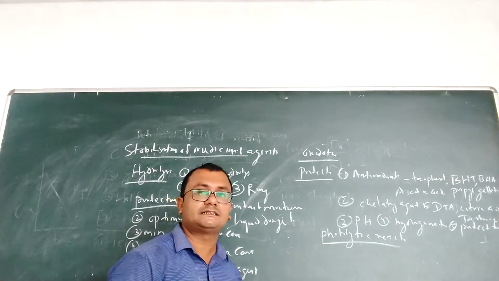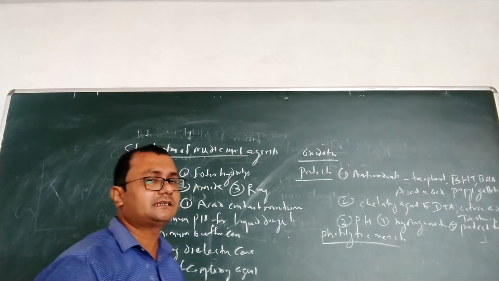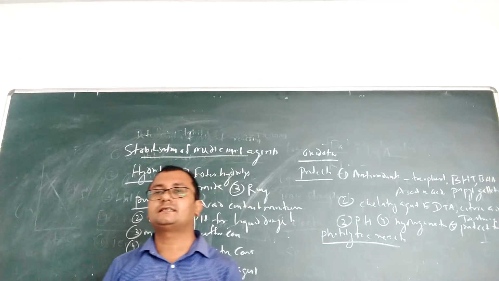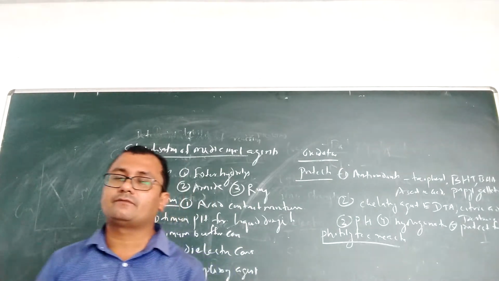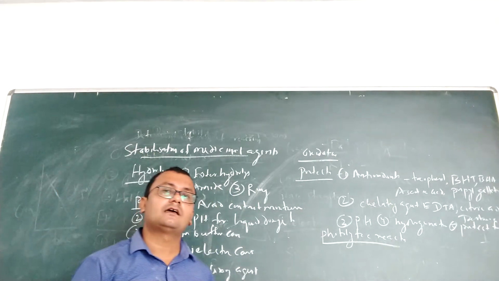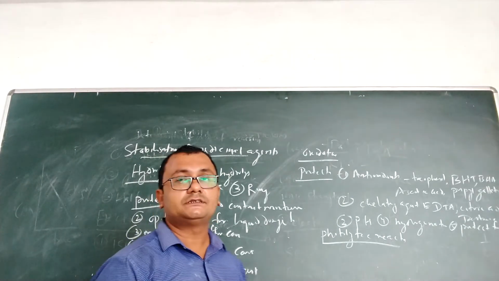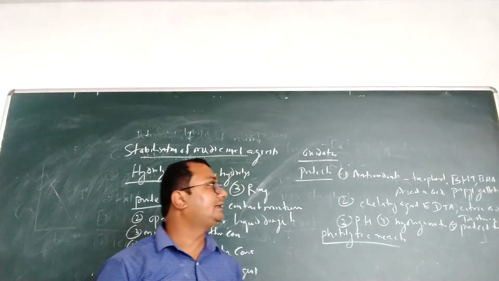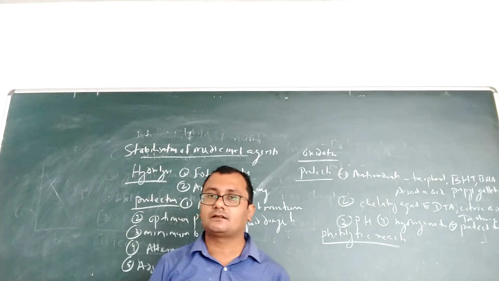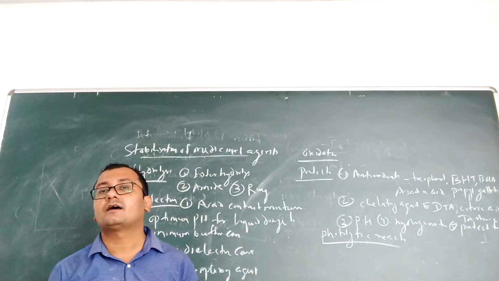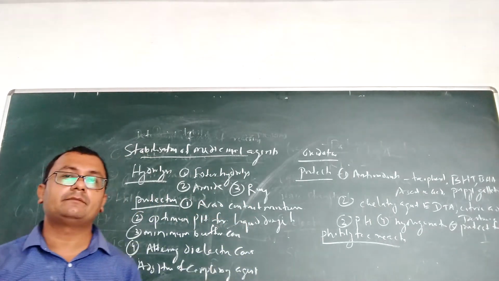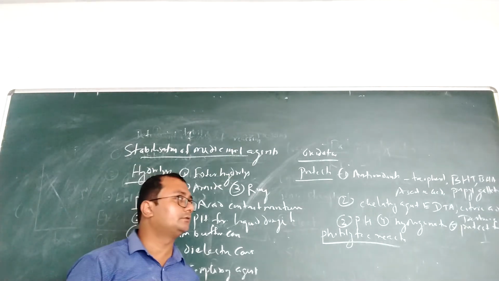Next, coming to the most important decomposition process, oxidation. Due to the presence of oxygen, different formulations will be oxidized, leading to decomposition. Sometimes auto-oxidation also occurs due to atmospheric oxygen, so many medicinal agents and drugs will be decomposed.